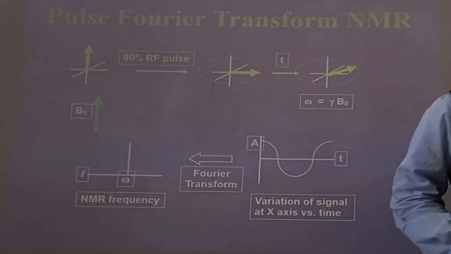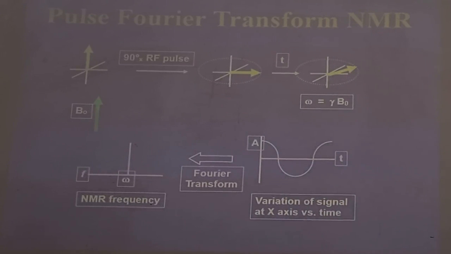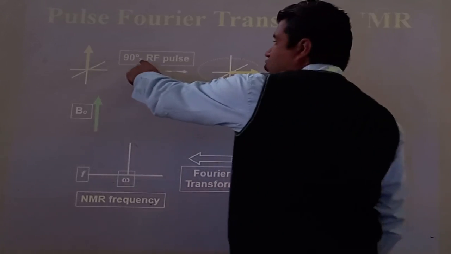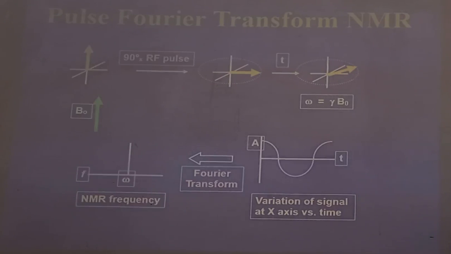So it's a pulse which takes M0 from the z-axis through an angle of 90 degrees, and the pulse is in the direction of the x-axis. So it will take M0 from the z-axis through an angle of 90 degrees towards the y-axis.